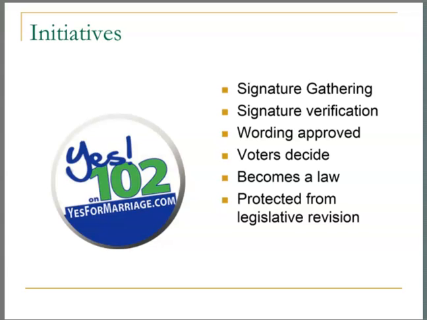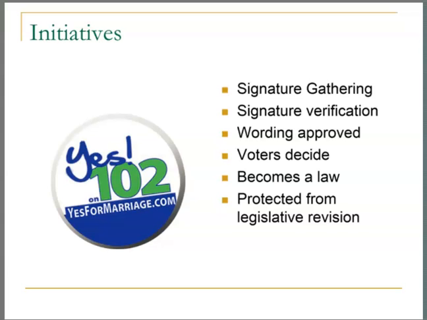Anytime Arizonans go to a statewide ballot, they are guaranteed to have a handful, if not a whole raft, of ballot propositions that they have to vote on. Many of these ballot propositions originate as citizen initiatives.